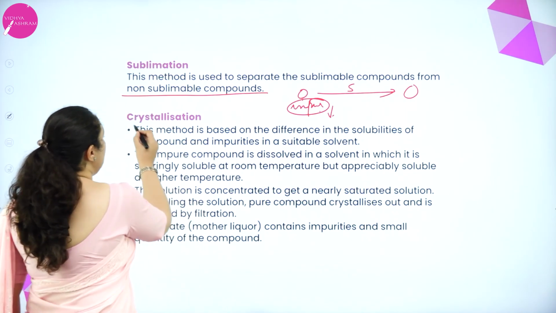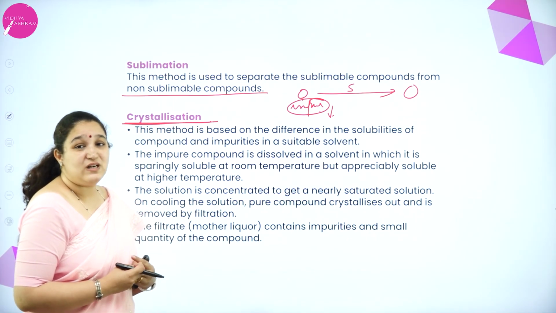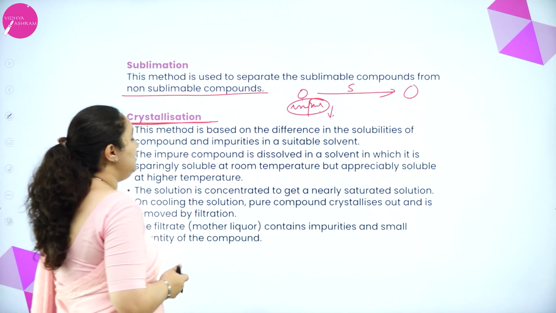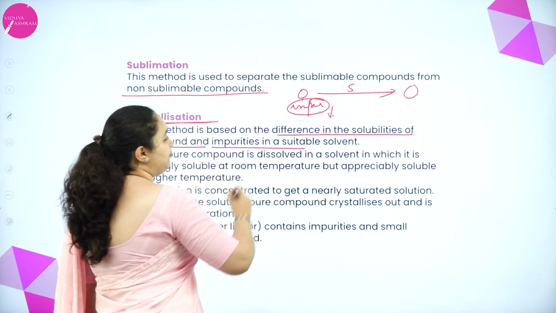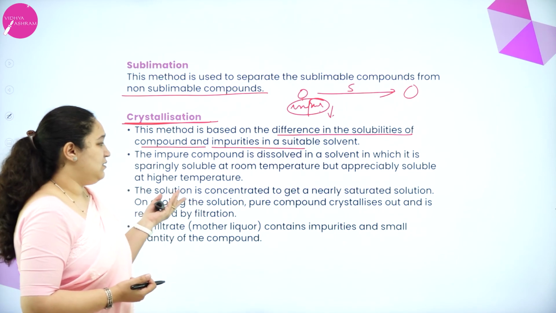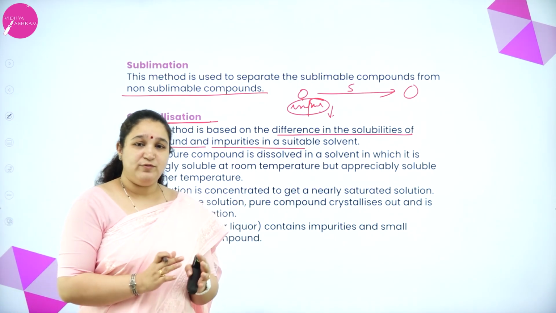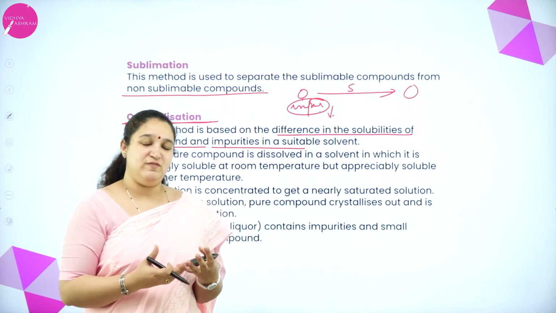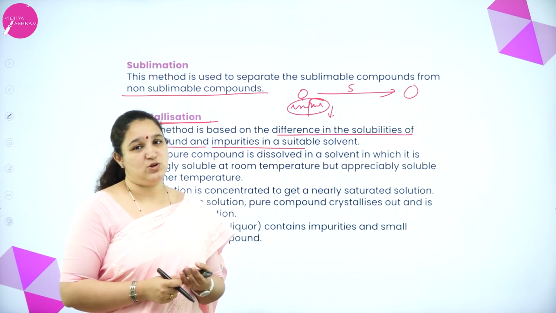Second method is crystallization. Now, what is the meaning of crystallization? What is the difference you require? In this method, the difference in solubilities of the compound and the impurities in a particular solvent. Now, the simplest method which we can give is, the organic compound I want is the one which will crystallize out faster, and the impurities will not crystallize out faster.